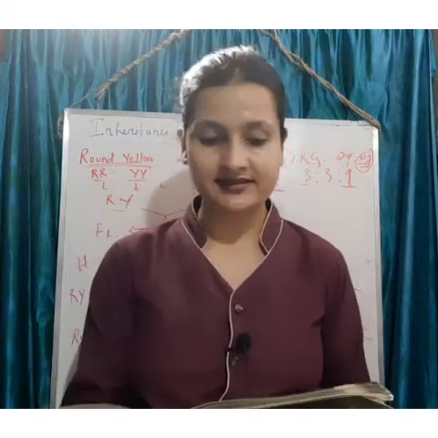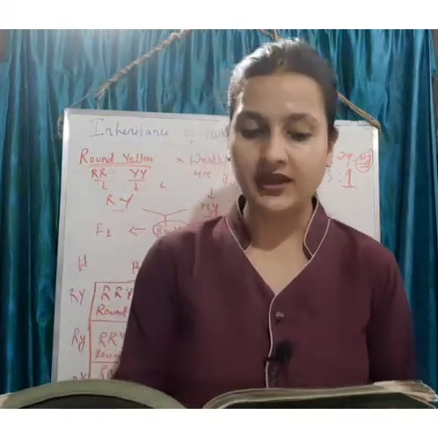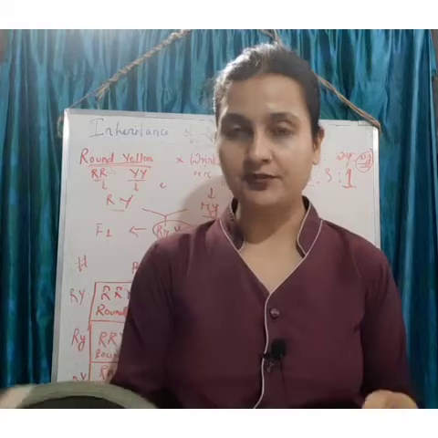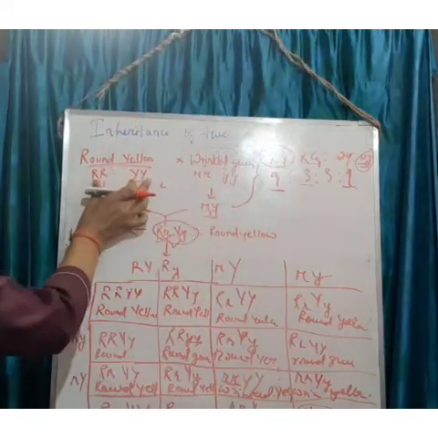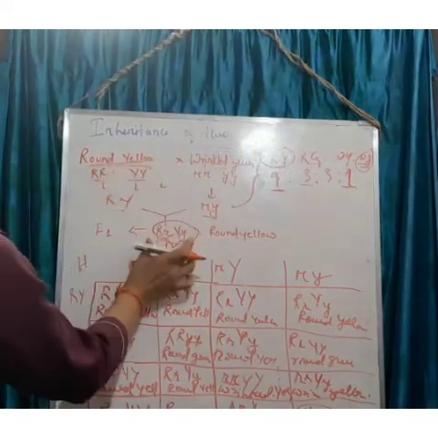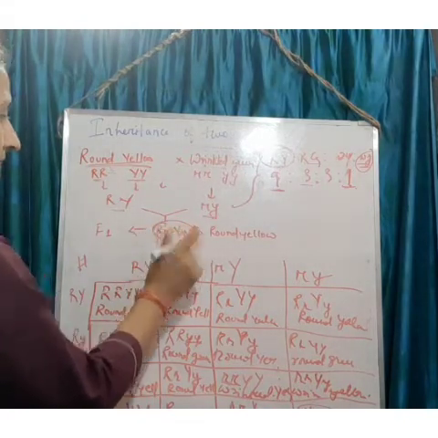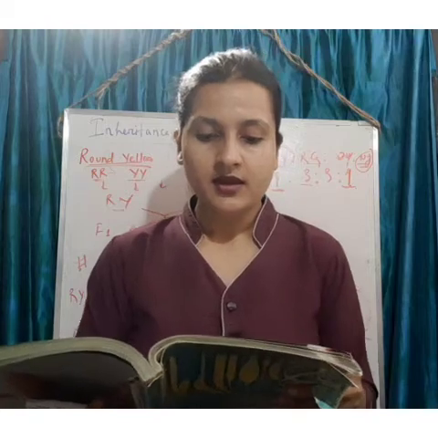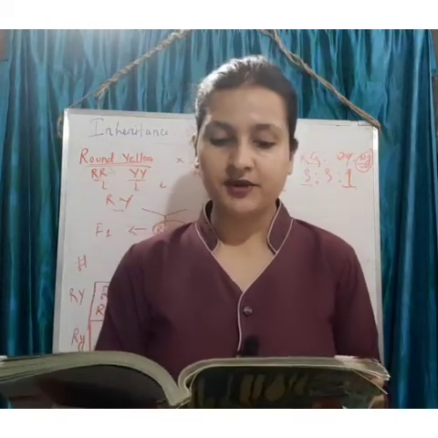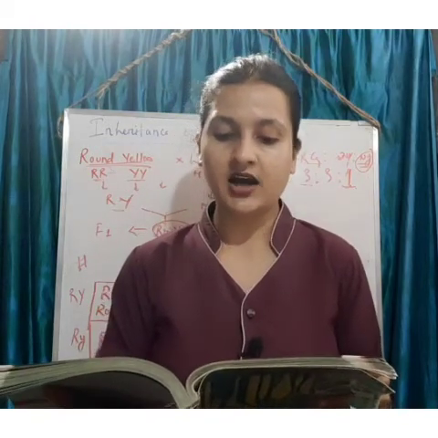That is called your Mendel's law of independent assortment. And this law states that when two pairs of traits are combined in a hybrid, see what happened? Two pairs of traits, right? Combined in a hybrid. This is one pair, this is one pair, right? Combined in a hybrid, segregation of one pair of characters is independent of the other pair of characters.